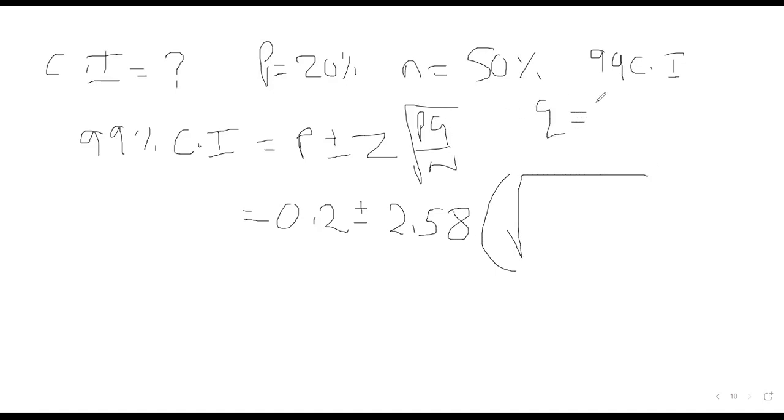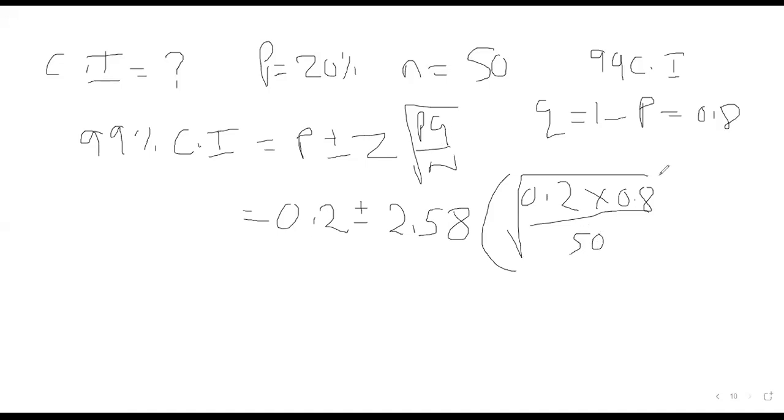Q is 1 minus P. So if P is 20%, Q should be 80% or 0.8. So these things speak to each other throughout. They're consistent. The sample size is 50, not 50%. We wrote this here.